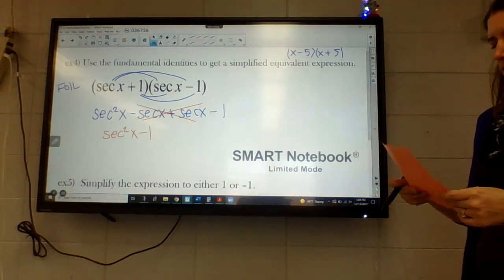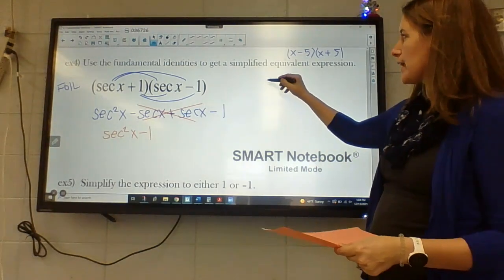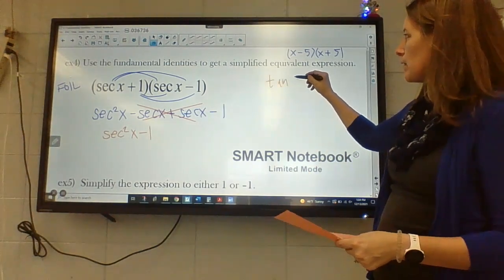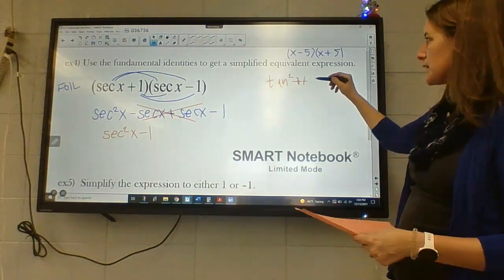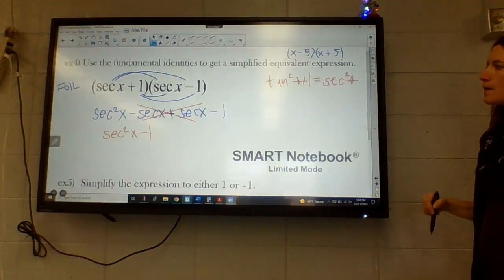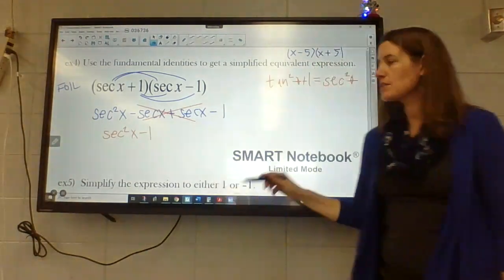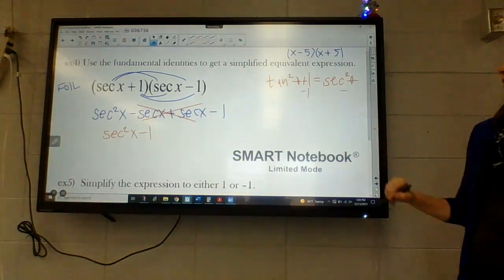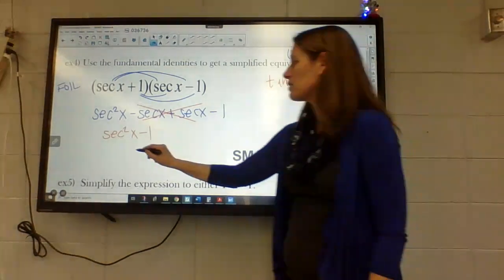It was number 5 down there: tangent squared theta plus 1 equals secant squared. So secant squared minus 1 is just tangent squared.